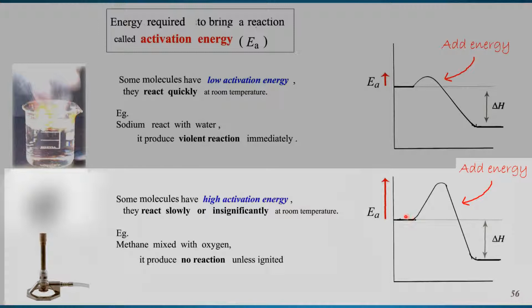In the methane case, yes, if it burns, it produces a lot of heat. But is it easy to happen? No, you have to add a lot of energy in the beginning to bring this reaction about.